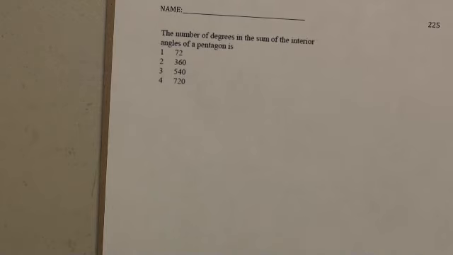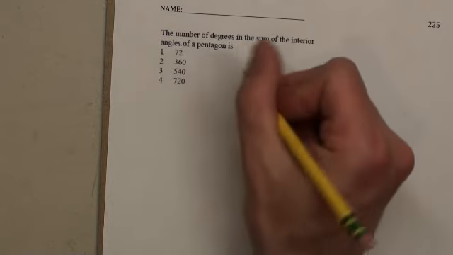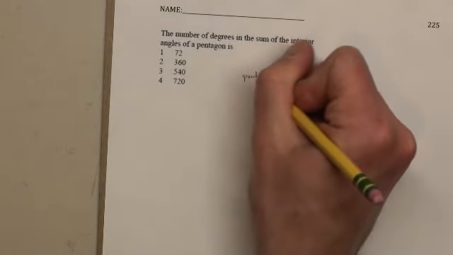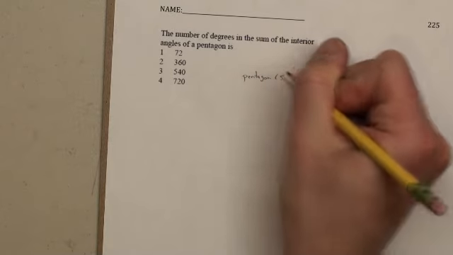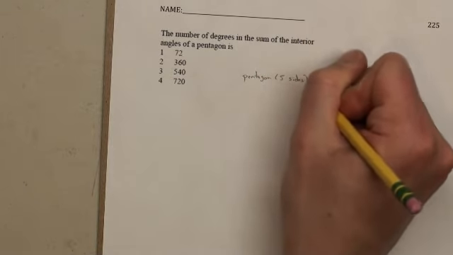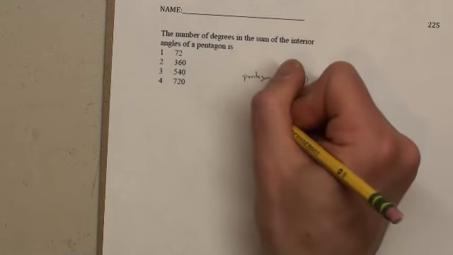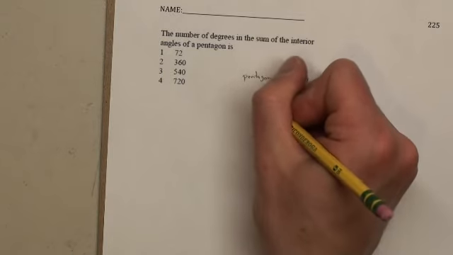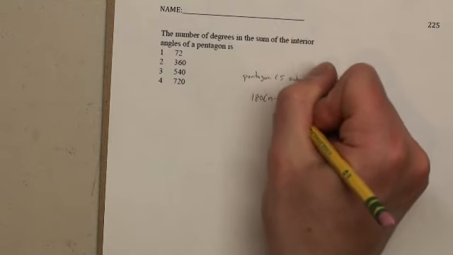The number of degrees in the sum of the interior angles of a pentagon. A pentagon has 5 sides, and the formula for the sum is 180 times n minus 2.